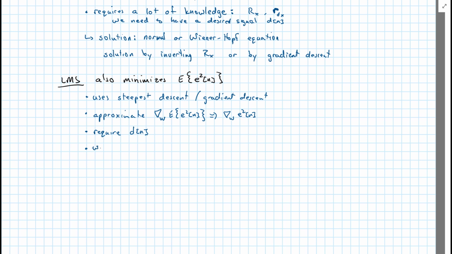This one works on a sample-wise basis, and in particular we have a gradient descent step, just one, for each new sample.